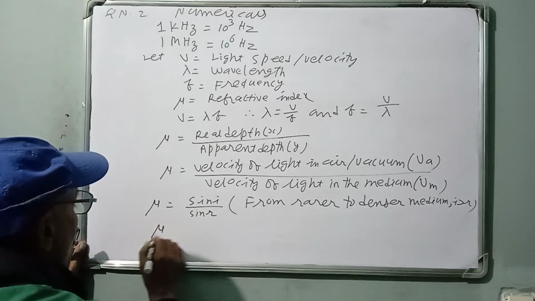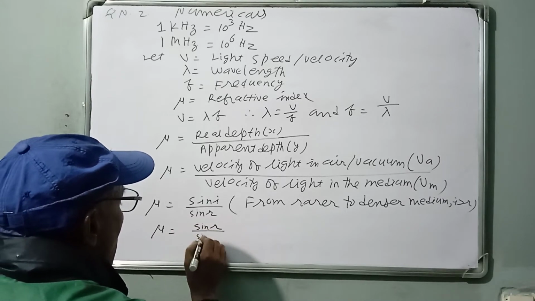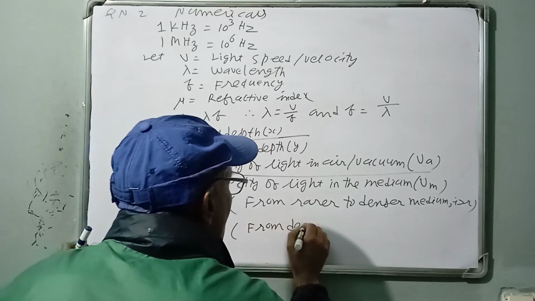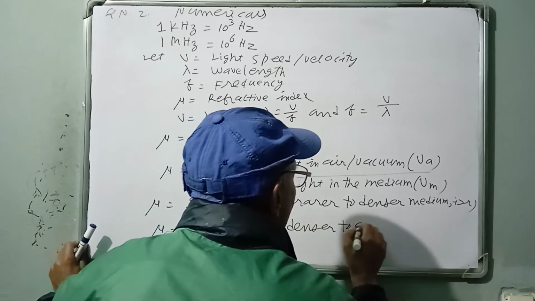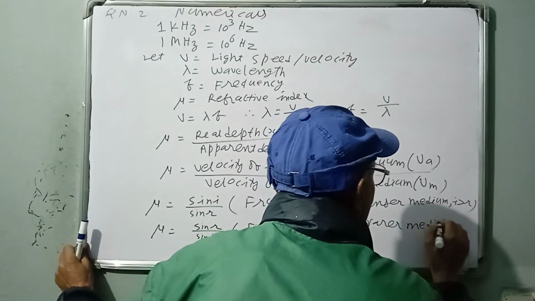Another is sin R upon sin I from denser to a rarer medium.